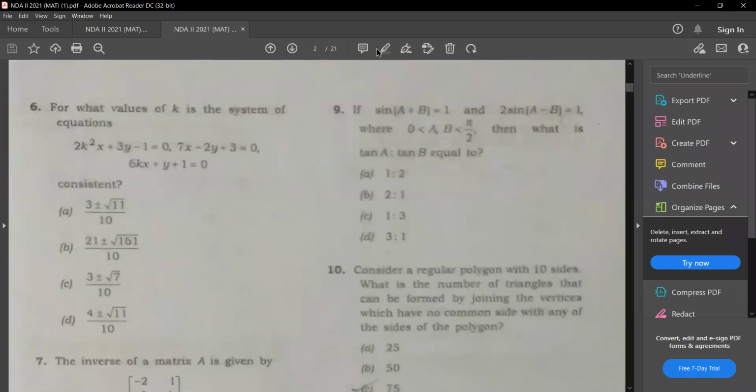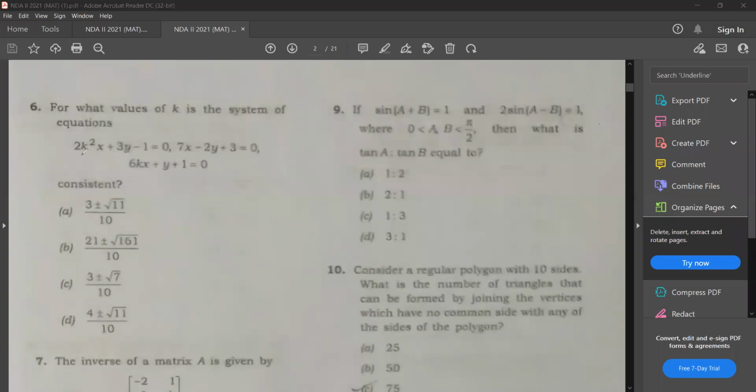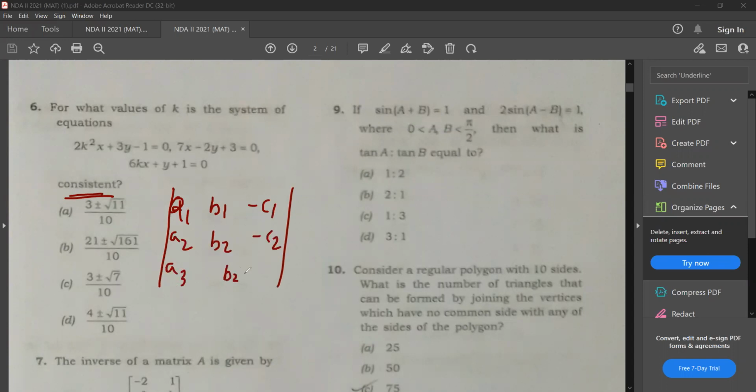For what value of k is the system of equations 2k square x plus 3y minus 1 equal to 0, 7x minus 2y plus 3 equal to 0, 6kx plus y plus 1 equal to 0 consistent? Consistent means you should have a solution, isn't it? So if it is consistent, you write the determinant with rows a1, b1, minus c1; a2, b2, minus c2; a3, b3, minus c3, and equate that determinant to 0.